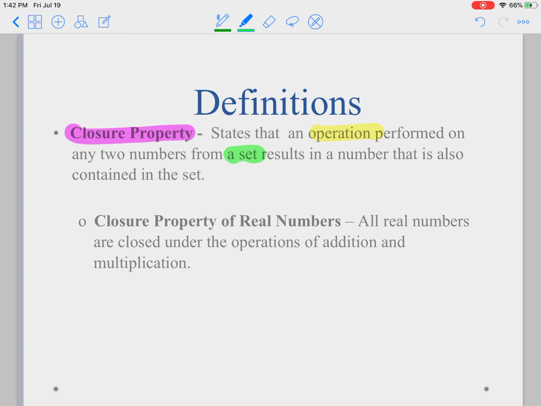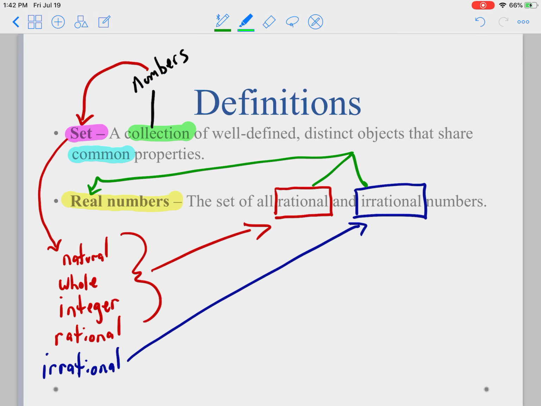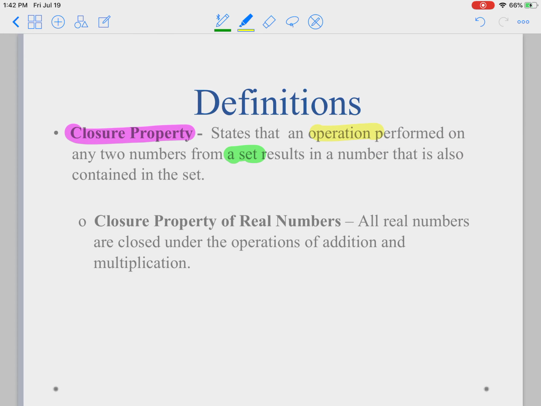It's any of those classifications or definitions that in this previous slide, I'm going to go back one slide. Any of these that we called a set, once again, we can highlight these, are all sets of numbers. So going back, from any one of those sets results in a number that is contained in that same set.